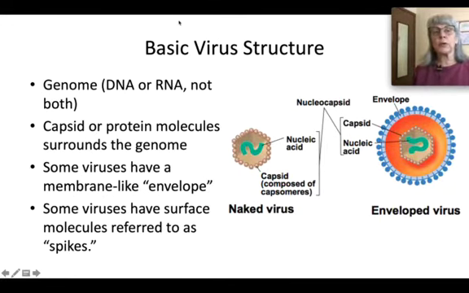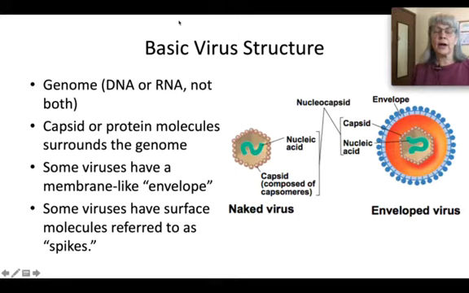Those first 2 bullets name the structures found in all viruses. First of all, they've got to have a genome. The genome is either DNA or RNA, not both. You will find one or the other in a virus.